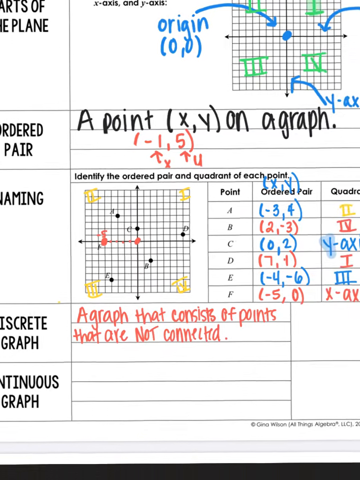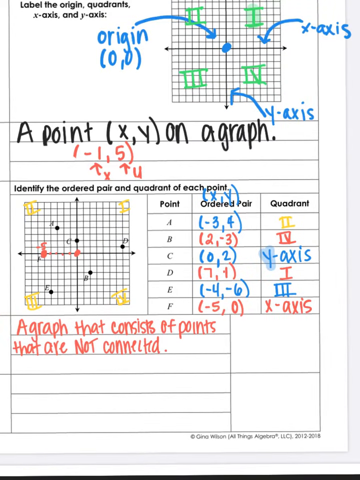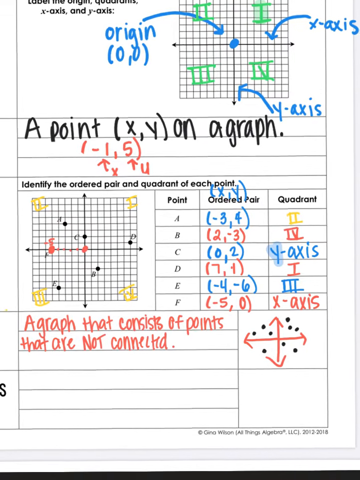So if I go over here to the right side and I draw an X and Y axis, so here's my Y axis and here's my X axis. If I had a discrete graph, I would have points that are all around. These are distinct points. These points are not connected, but they are points that are on the graph. So this would be an example of a discrete graph.